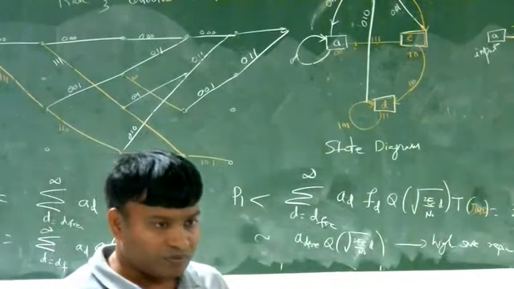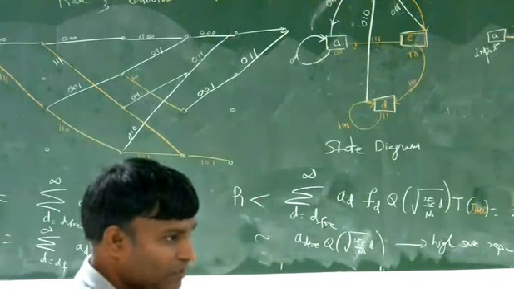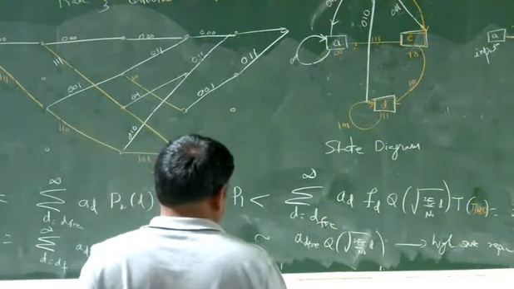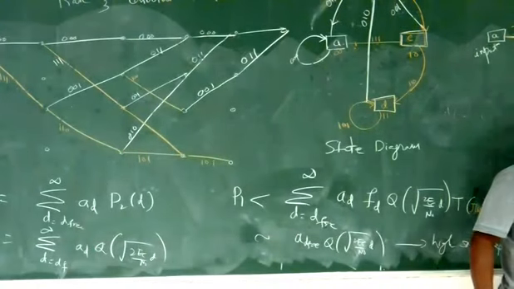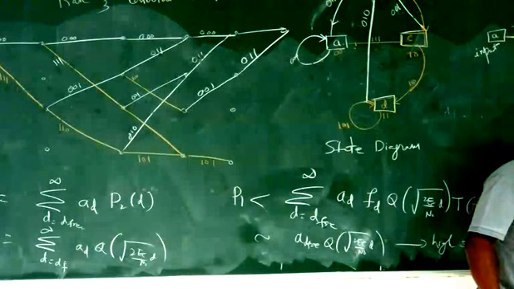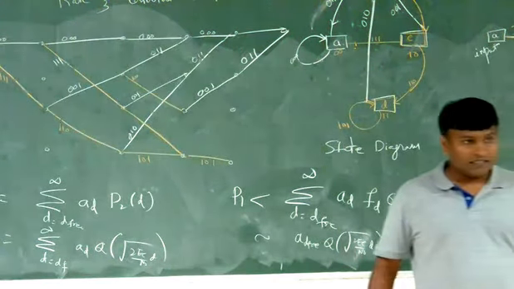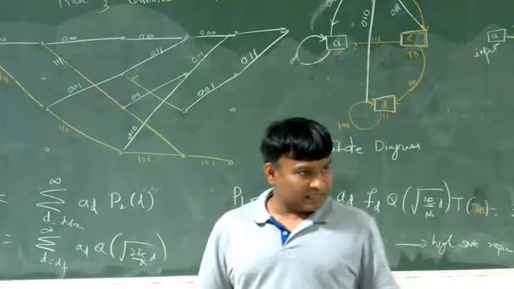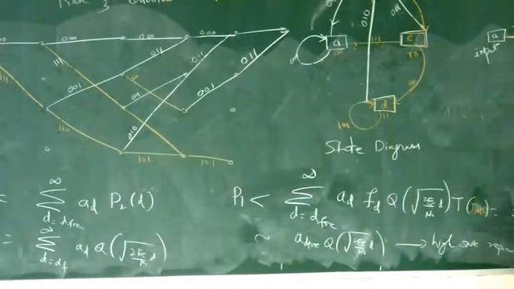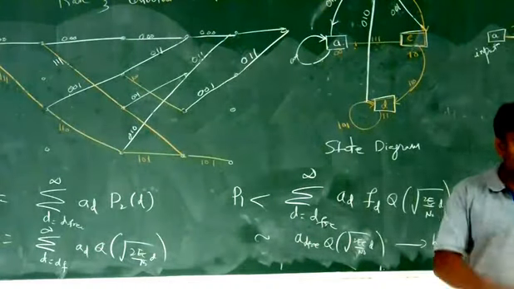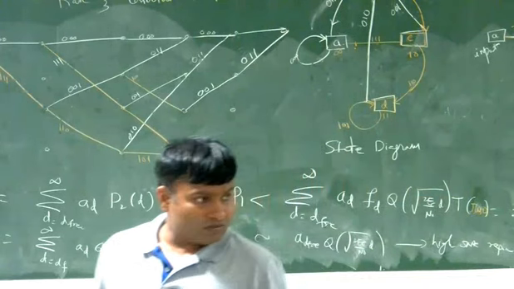It's preferable to have a single first error event with a path multiplicity of 1. And preferably d free is maximized. Anyway, this is greater than 6, but if it is 10, it's even better. Then the contribution will be less and less. So if you have 7, 8, and so on, then the second error event sometimes starts to contribute to the error probability.